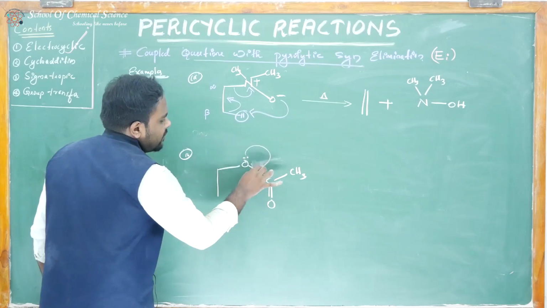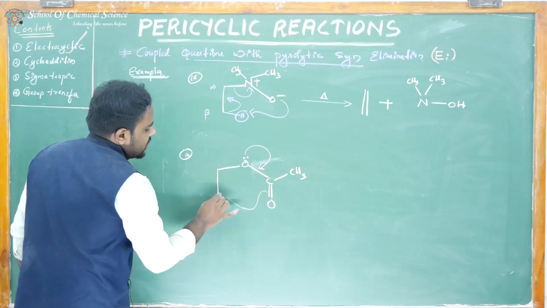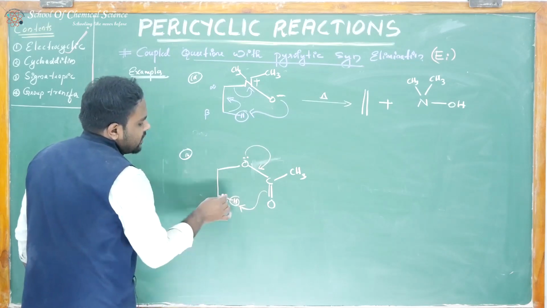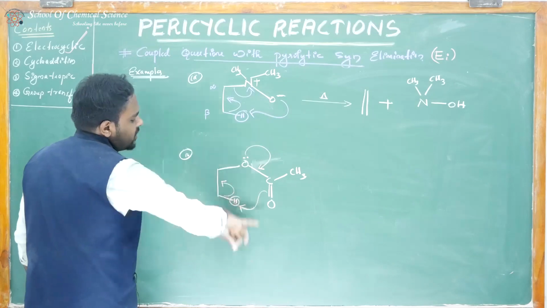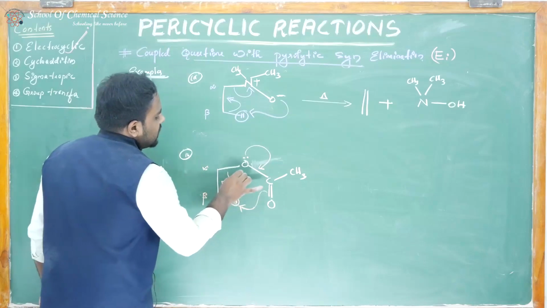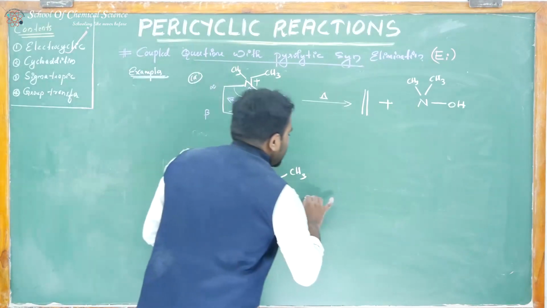So this oxygen will make a pi bond here. This will interact with this beta hydrogen. Here a beta hydrogen is present. At the same time, this bond will shift towards this alpha beta side, and this is eliminated.